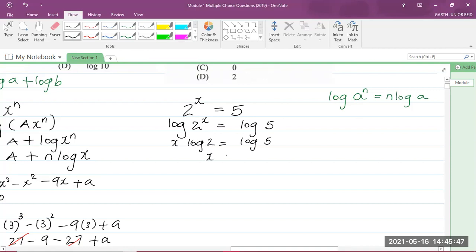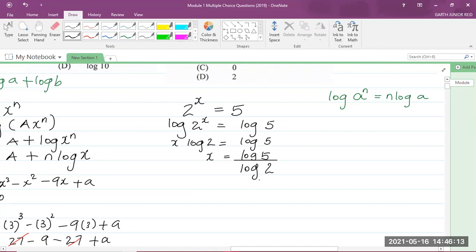So it means that I will now have to divide both sides of the equation by the logarithm of 2. So if I do that, I will get the logarithm of 5 divided by the logarithm of 2. That is my answer, okay?